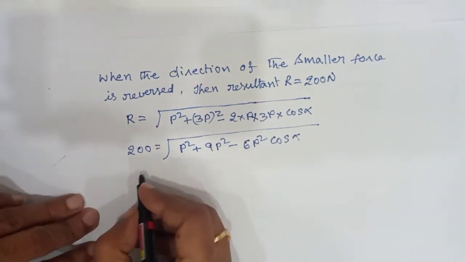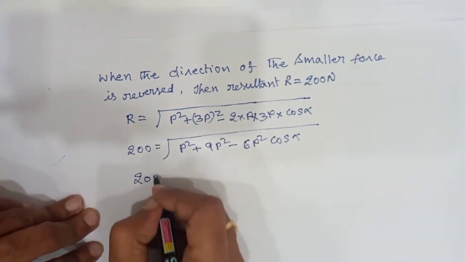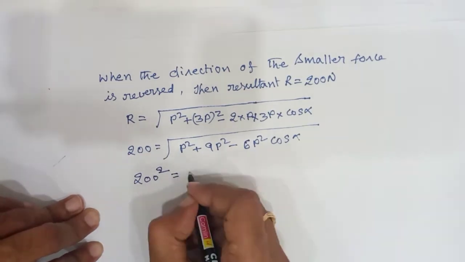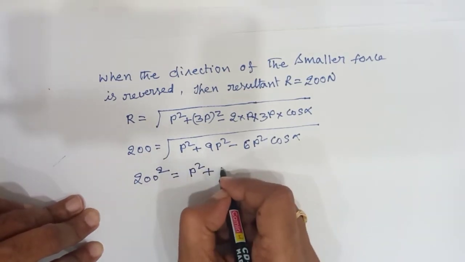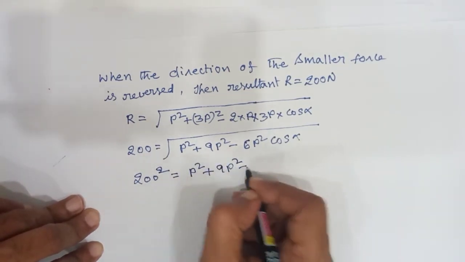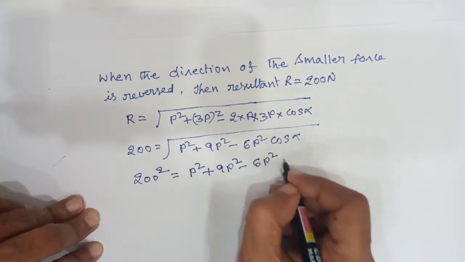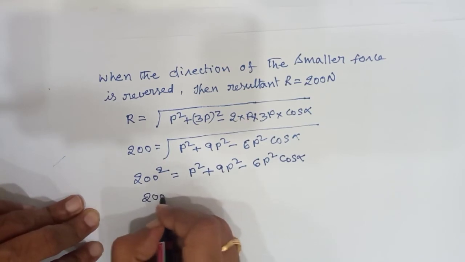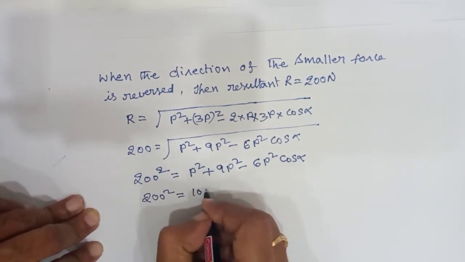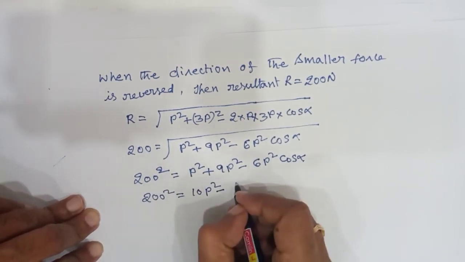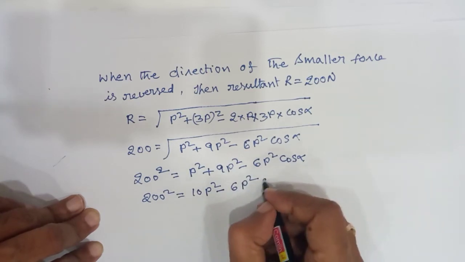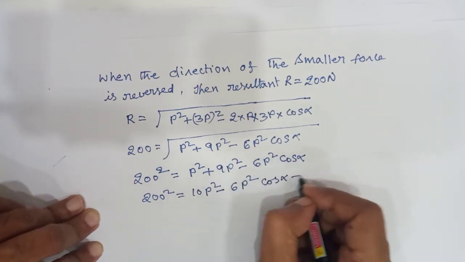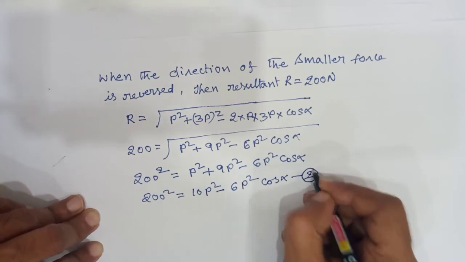By squaring both sides, 200 square is equal to P square plus 9P square minus 6P square cos alpha. That is, 200 square is equal to 10P square minus 6P square cos alpha. This is the second equation.